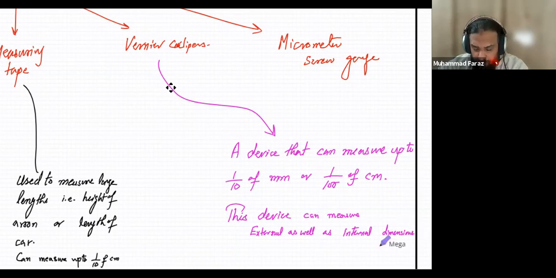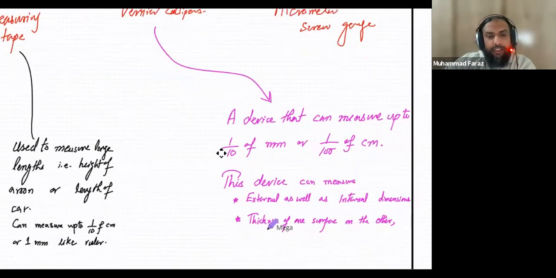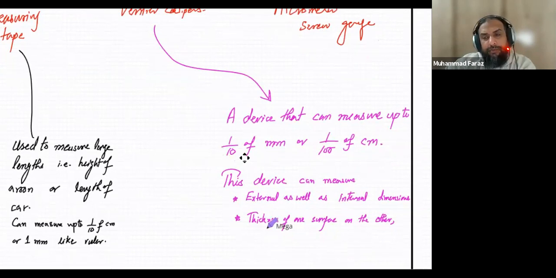thickness of one surface to the other. So these are the things that we can measure using a vernier caliper, and the good thing is that the vernier caliper can measure up to 1/10 of a millimeter.